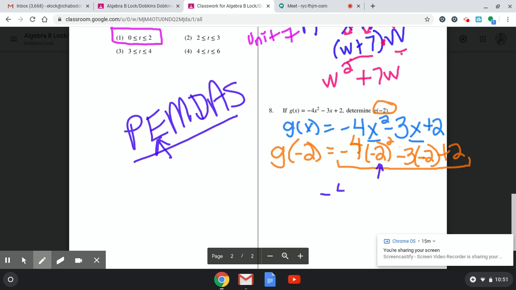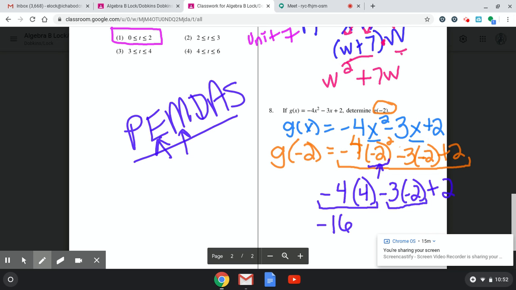So we're going to keep -4, and -2 squared is actually +4. -2 times -2. Then we have -3 times -2 plus 2. So once we've done our exponents, we're going to multiply. The first product is -16, -4 times 4. Then the product of -3 times -2 is +6 plus 2.